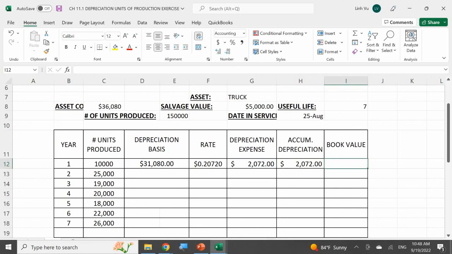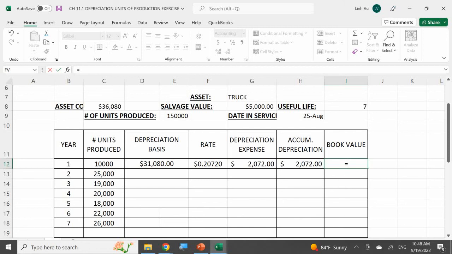Now, what is going to be my book value? It will be the same. No, because what is book value determined?